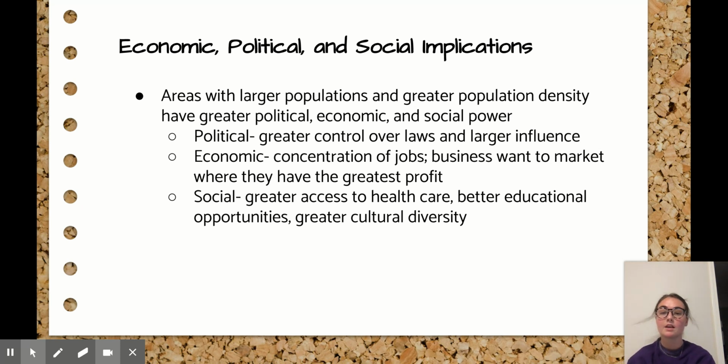So, areas with larger populations and greater population density have greater political, economic, and social power. So, politically, greater control over laws and a larger influence.